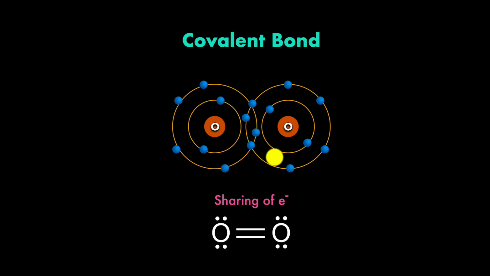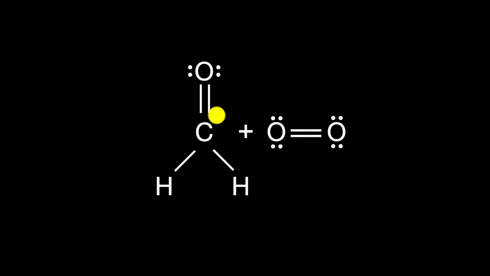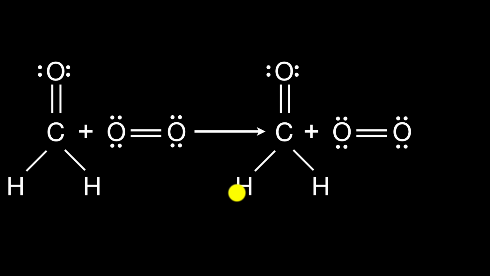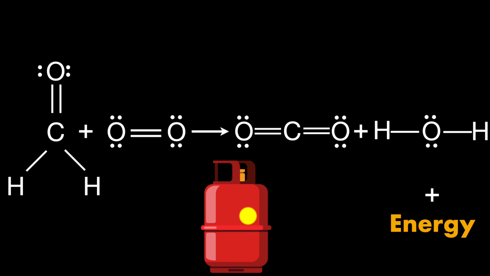Finally, remember how nonmetals can form covalent bonds by sharing electrons? Well, when these bonds are rearranged or broken down during a chemical reaction, energy can be released or absorbed. For example, consider fuels like propane or gasoline.